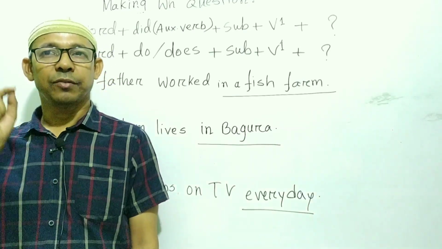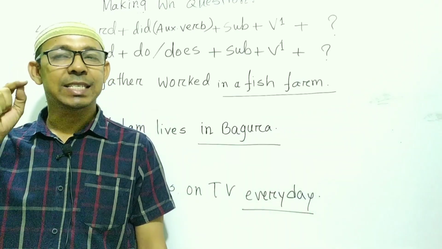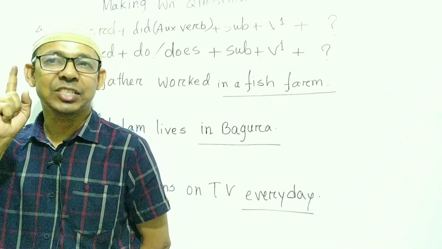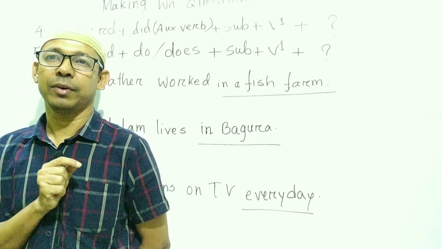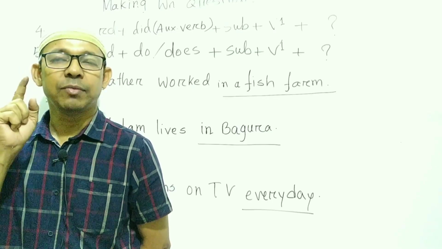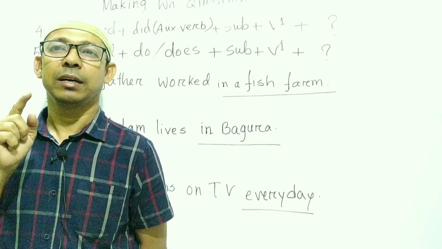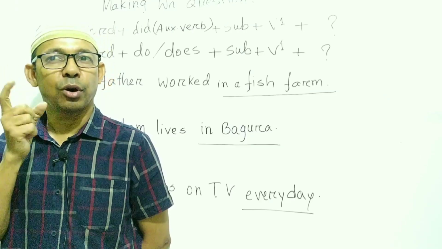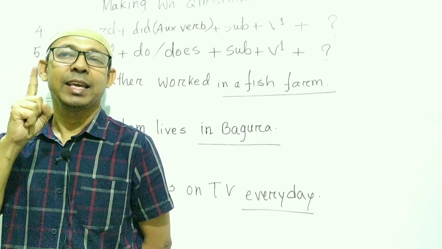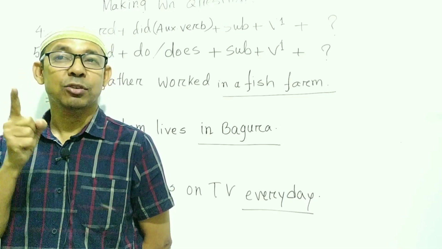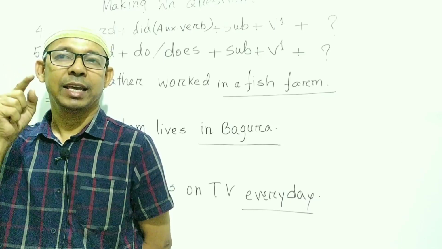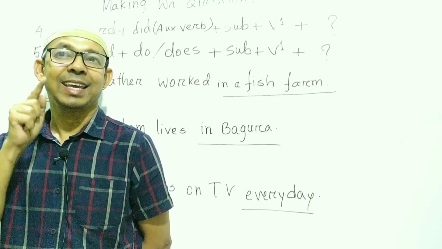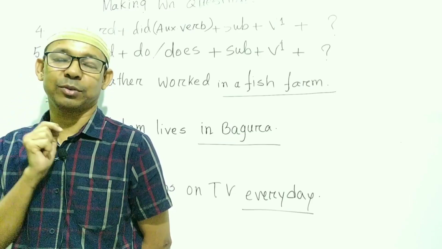If the verb is in the past form, then we have to bring did as an auxiliary verb. And if the verb is in the present form, then we have to bring do or does. If s or es is added with the verb, we have to take does, otherwise do.